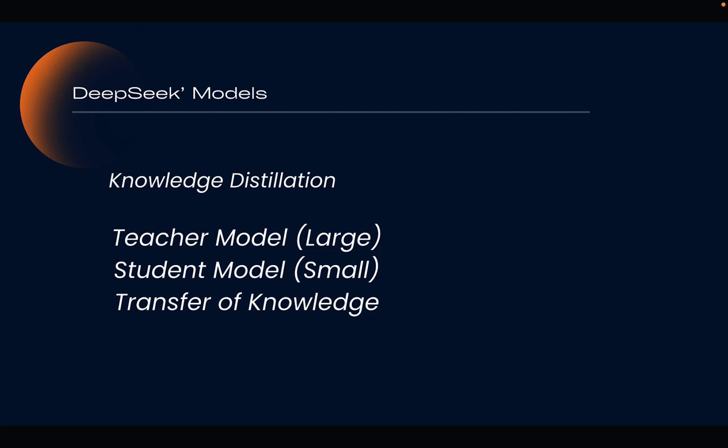The idea is that these smaller models are trained to replicate the performance of their larger counterparts, offering similar capabilities with enhanced efficiency. You might think of the teacher model as the larger counterpart, whereas the student model is the distill model. The student model is created through the process called knowledge distillation, and transfer of the knowledge happens in the process.